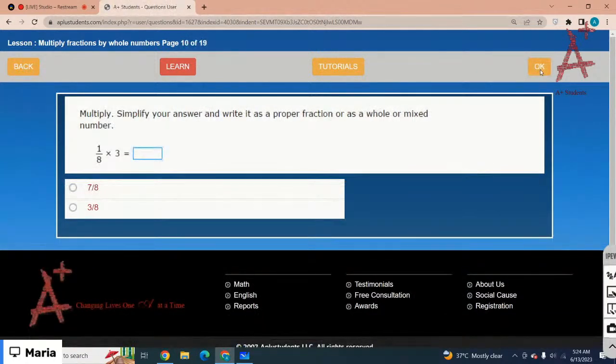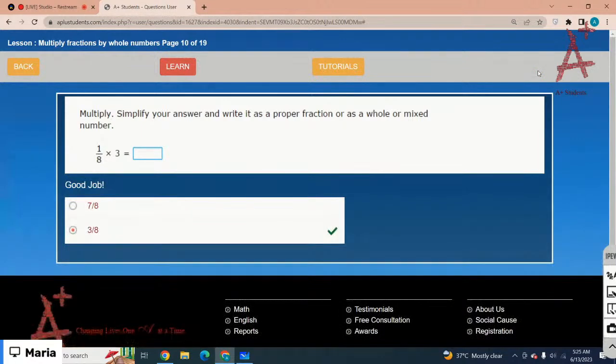So which is the correct option? It would be 3 over 8. The correct option is 3 over 8. Got it? Okay, you can complete the test by yourself later today. Let me just move on to the next lesson.